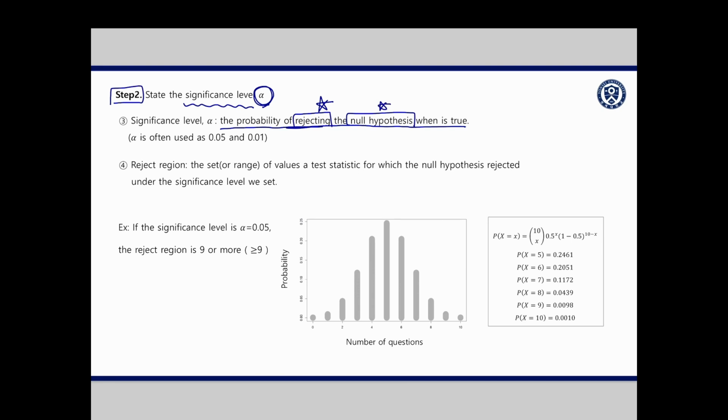Okay, and the reject region is the set or the range of values of the statistic for which the null hypothesis is rejected under the significance level we set.